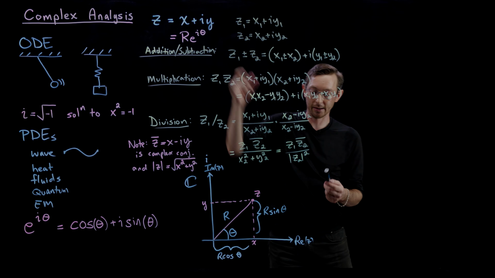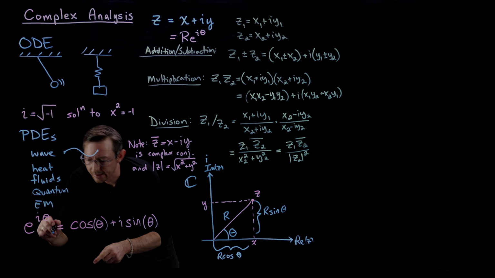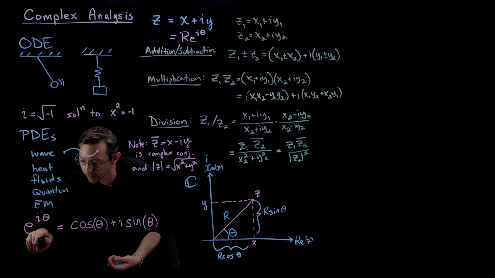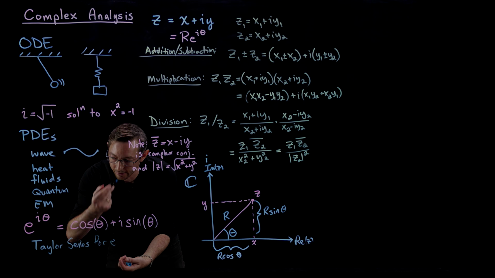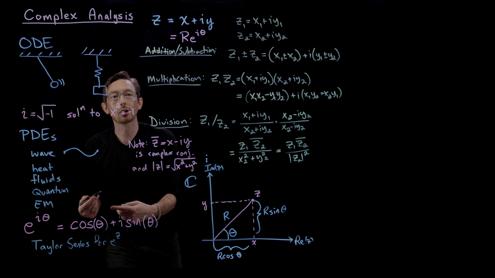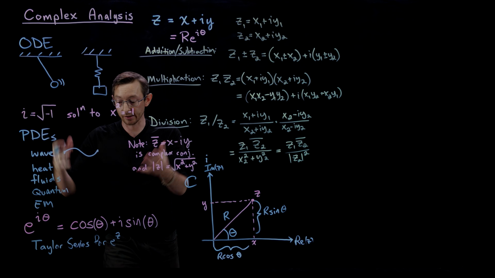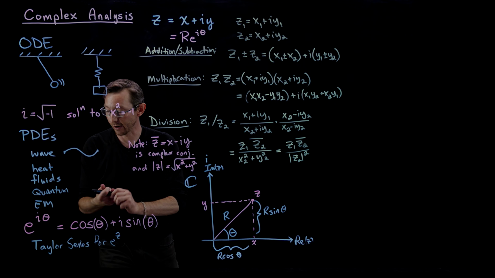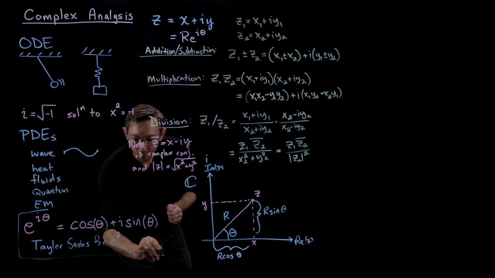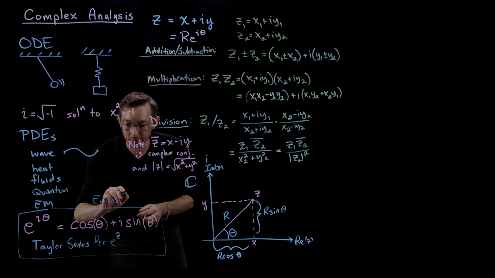This is how we write this in complex polar form. Now I'm going to derive this in the next lecture. Essentially, we're going to take the Taylor series for e to the z, and then plug in i theta for z, and we're going to find that all of the real parts add up to cosine and all of the imaginary parts add up to sine. So just take my word for this right now. This is called Euler's formula, again, one of the most important formulas in all of mathematics.